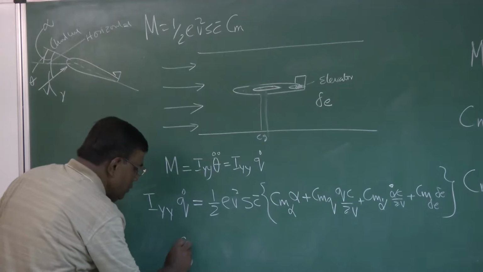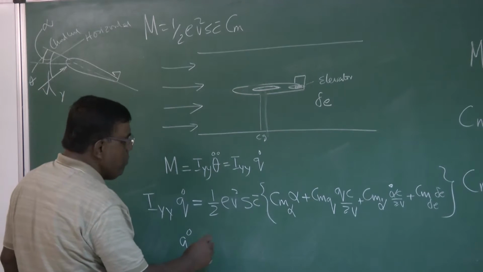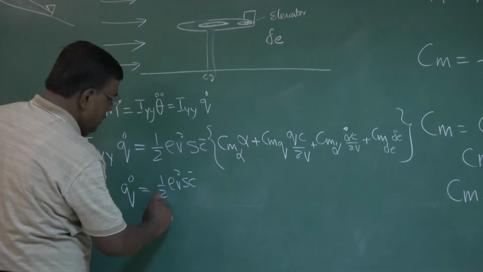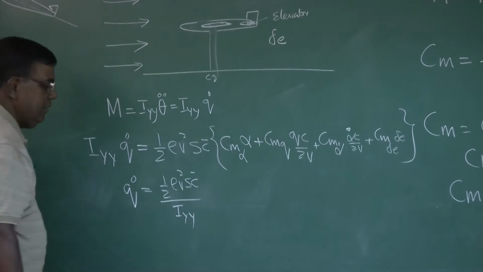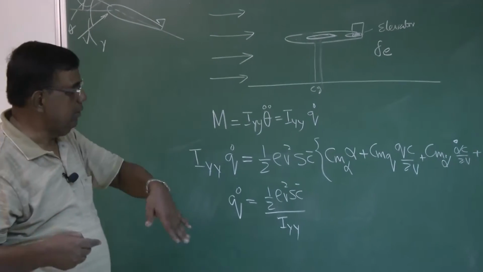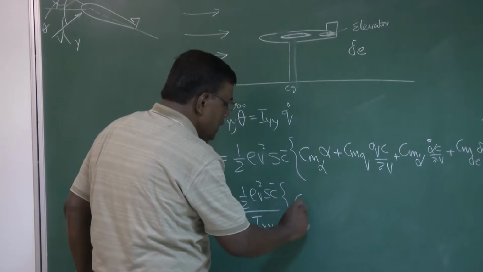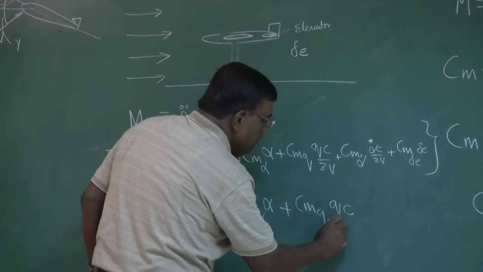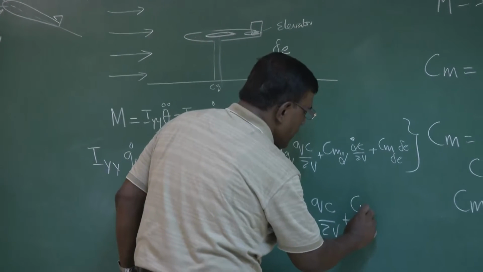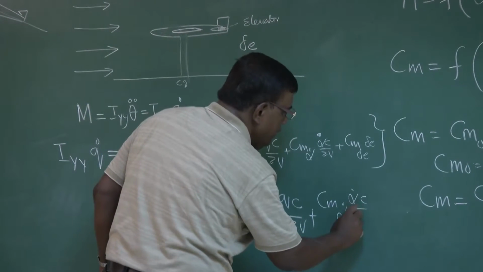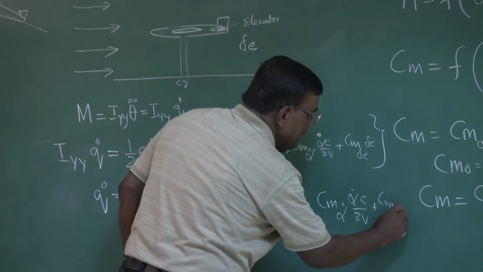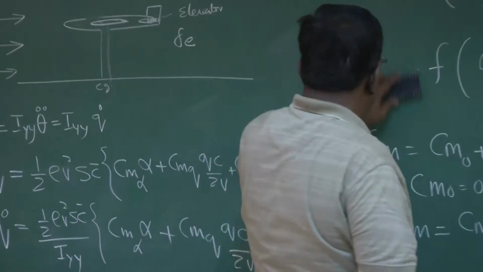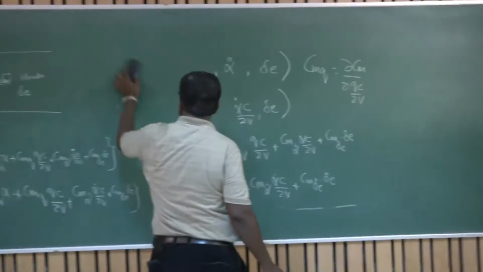And the equation of motion here is regarding the angular motion. So now I can write q dot equal to half rho v square S c bar by Iyy, where Iyy is the moment of inertia about the y-axis, right? Into Cm alpha into alpha plus Cmq into Qc by 2v plus Cm alpha dot into alpha dot c by 2v plus Cm delta E into delta E. Now let me write in a neater form so that there is no confusion.